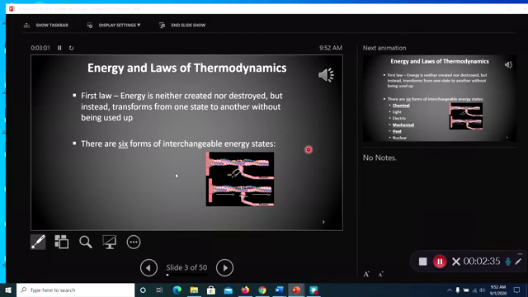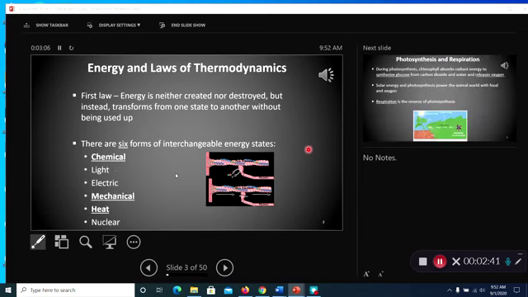There's basically about 6 forms of interchangeable energy states. Now, a physicist may have a different opinion here, but this is what we'll go with in this class: chemical, light, electric, mechanical, heat, and nuclear. Of course we'll focus on mechanical, heat, and chemical reactions here, and the ATP that we need to fuel those reactions.